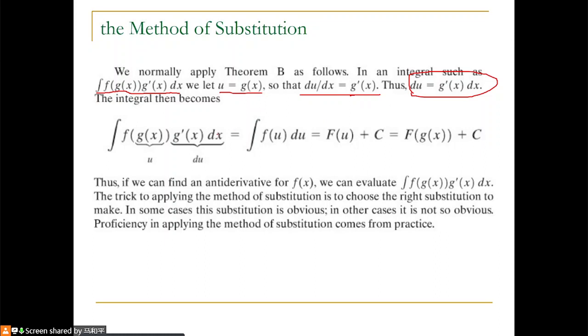The integral then becomes f(u) du. Because F is an antiderivative of f, this is F(u) plus c, and then we replace u by g(x), so it's F(g(x)) plus c. Thus, if we can find an antiderivative for f, we can evaluate this complicated indefinite integral.